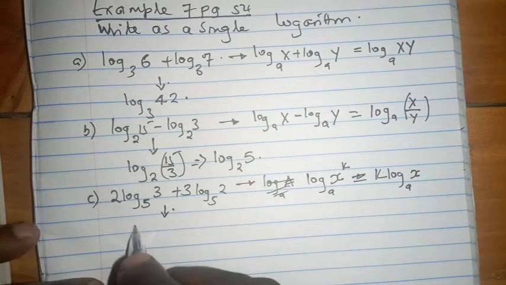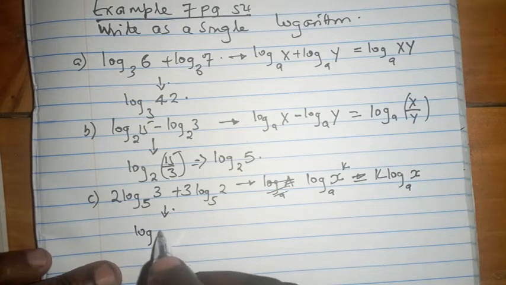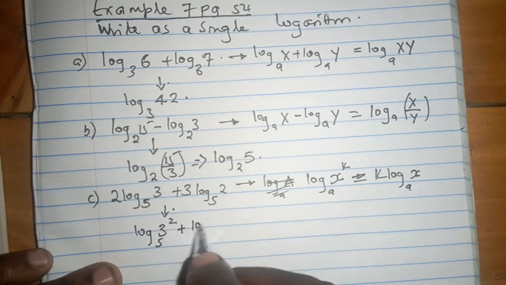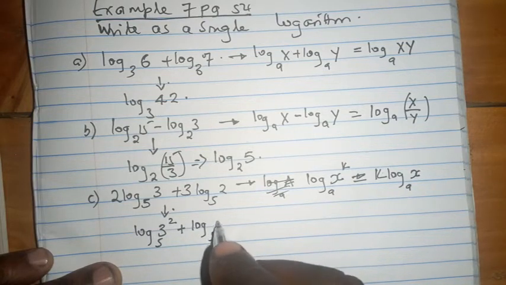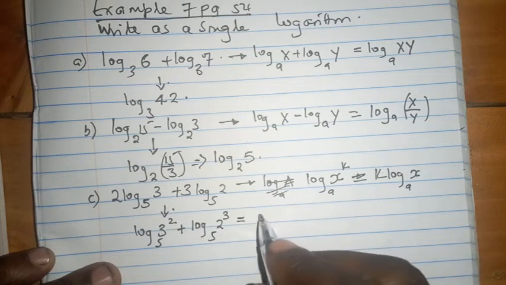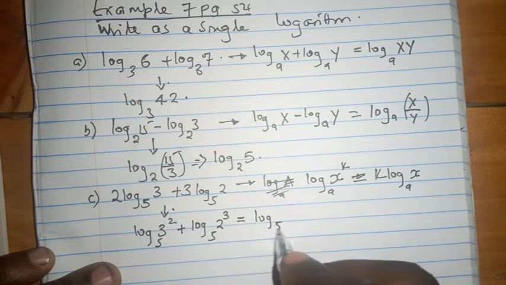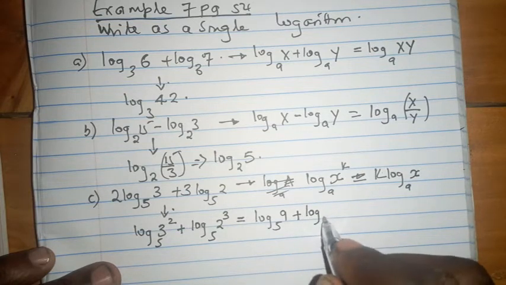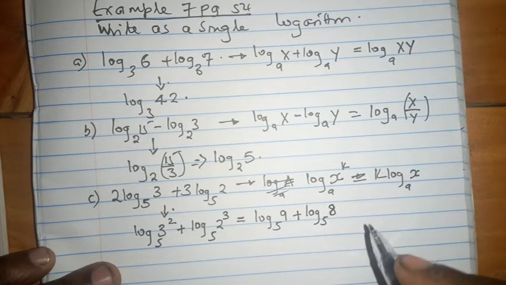And this one becomes log to base 5 of 3 squared plus log to base 5 of 2 cubed, which is the same as log to base 5 of 9 plus log to base 5 of 8.